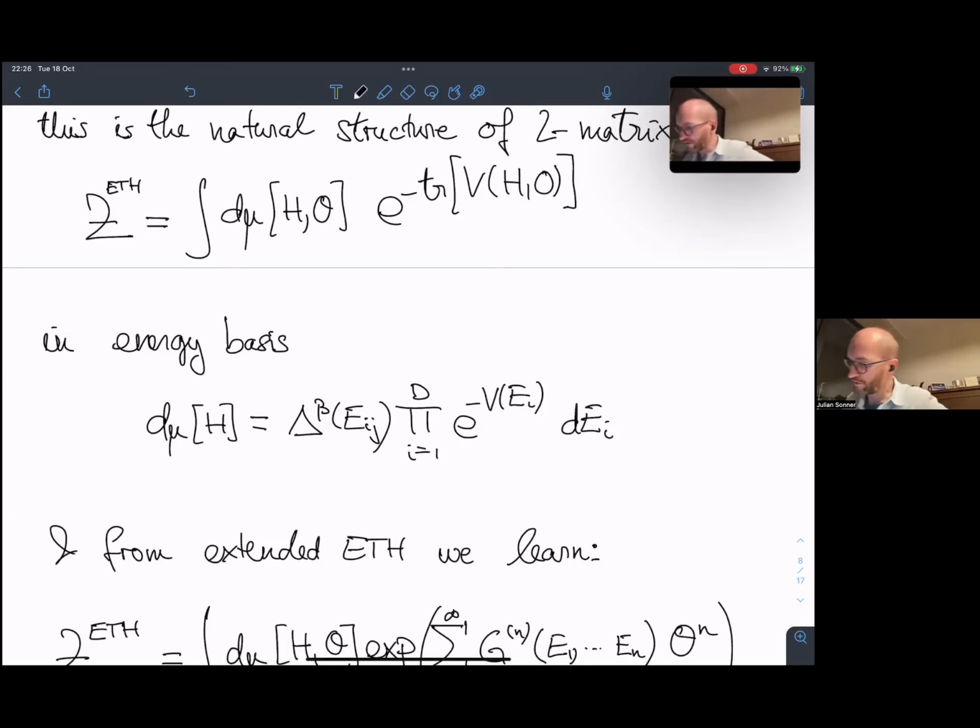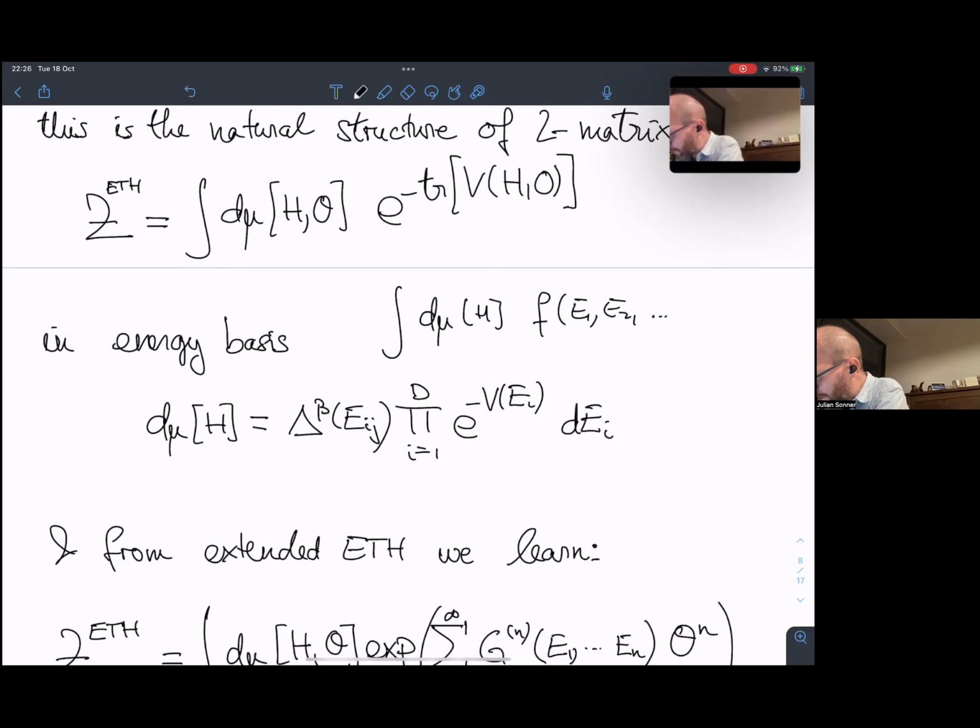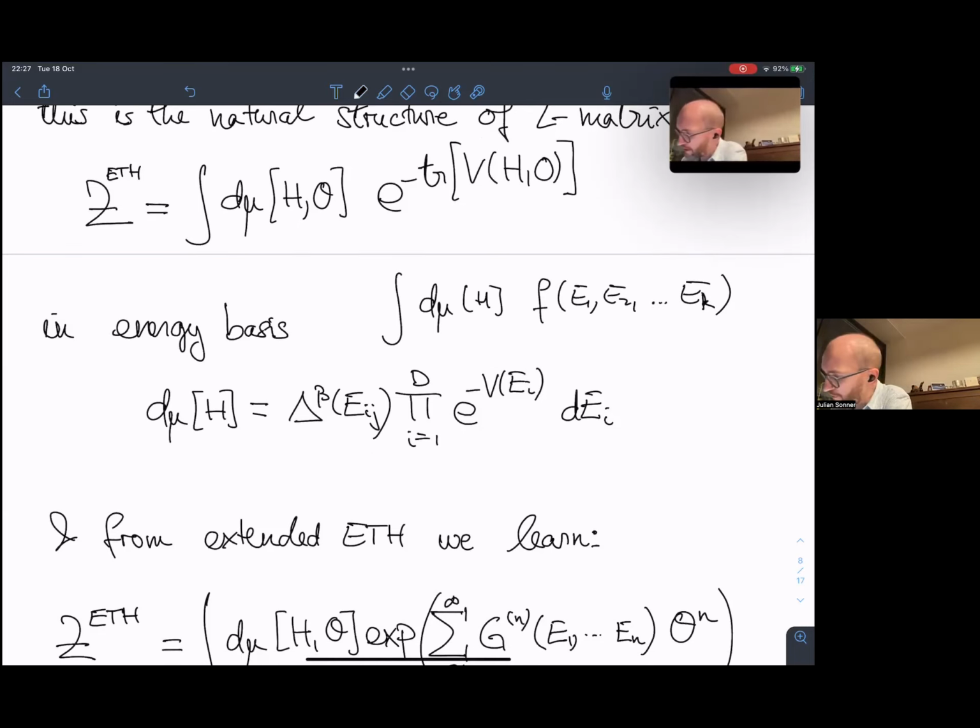The reason why this is the right choice of the measure is that if you take something like this dμ of H, and you have any function here that depends on a number of eigenvalues, let's call it E_K, and this doesn't depend on all of the eigenvalues that H has, which has, let's say, N eigenvalues, then you can of course marginalize over all the eigenvalues that don't appear in this function.